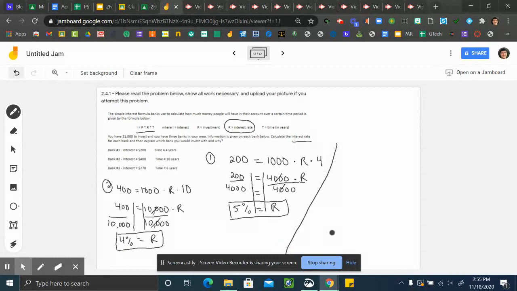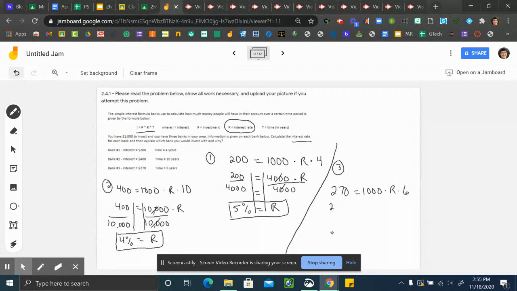And then our third bank, 3, is $270. So 270 is our interest. And once again, $1,000 invested times the rate times 6 years.